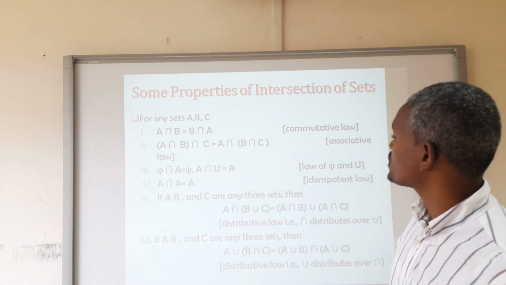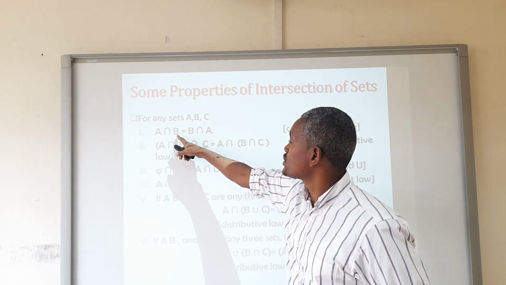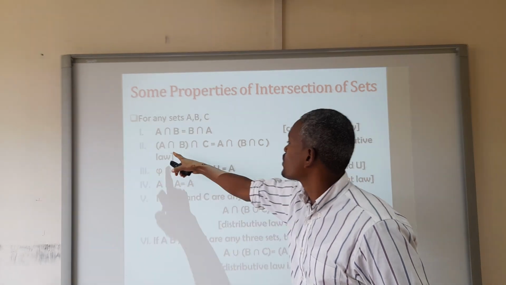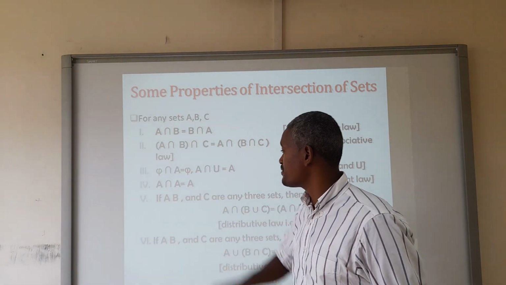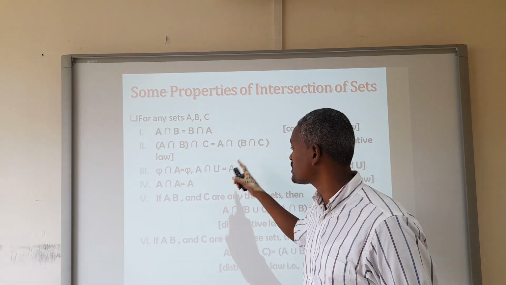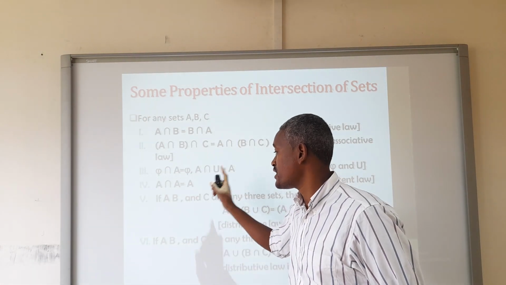Some properties of intersection of sets. Clearly, intersection of two sets is commutative and also associative. The intersection of A with the empty set is the empty set, and A intersection the universal set is A, and A intersection A is itself.